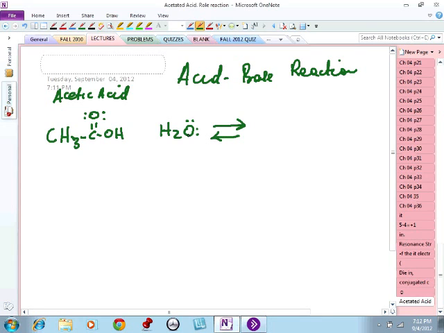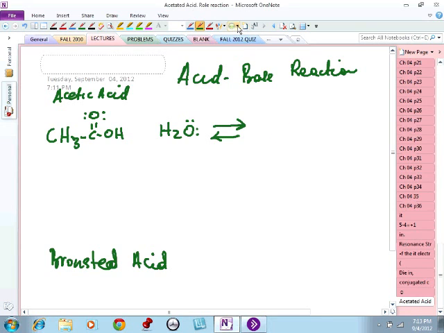In this case, the acetic acid will be acting as a Bronsted acid. What is a Bronsted acid? According to general chemistry, any species that donates a proton is a Bronsted acid.